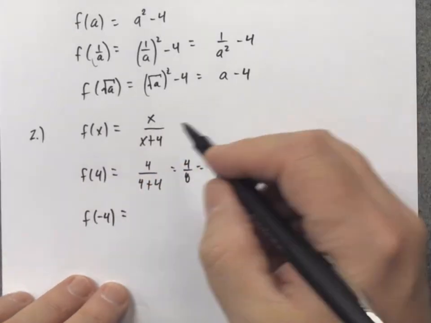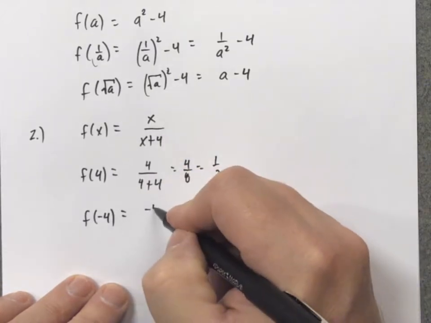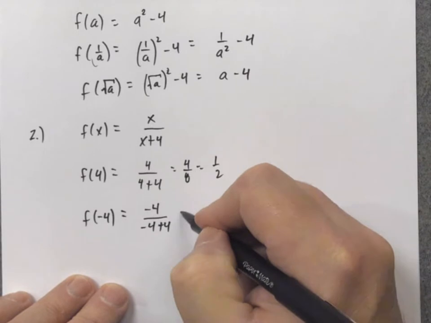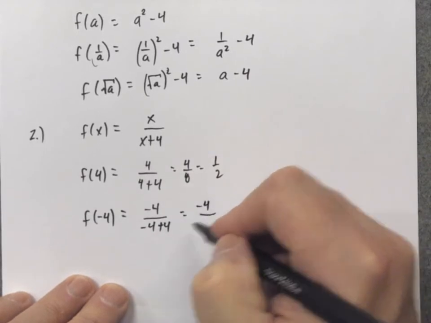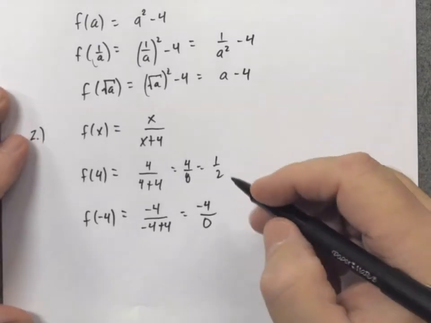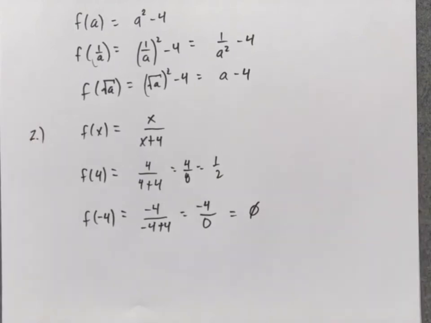F of negative 4, every place I have an x in my function, replace it with negative 4. So negative 4 over negative 4 plus 4, negative 4 over 0. Okay, now at this point, in math, we can never have a 0 in the denominator. We can never try and divide by 0. Whenever that happens, we just stop and we say it's undefined.